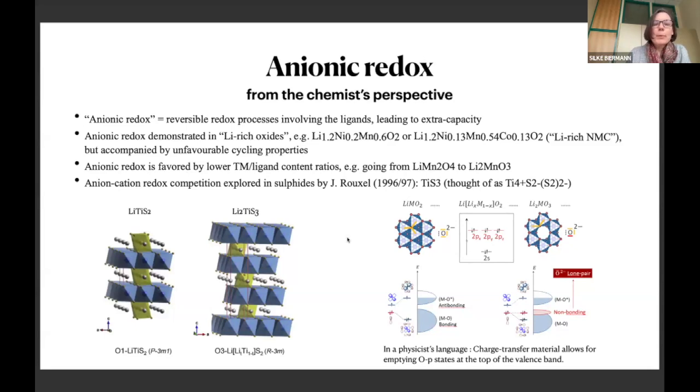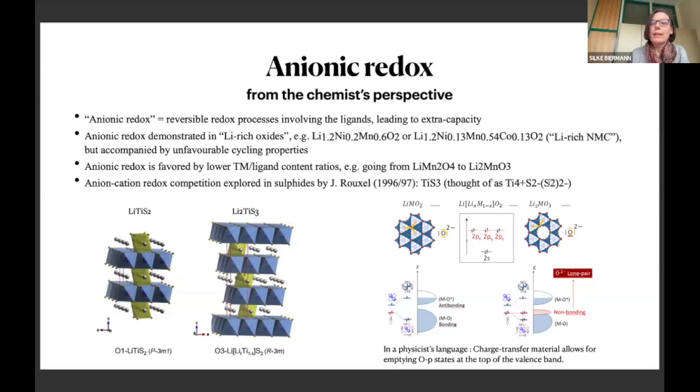It was explored by Jean Roussel in France in the late 90s in sulfides, and in particular in these titanium sulfides here, where the titanium S3, the titanium persulfide, was thought of as a titanium 4+ ion, a sulfur 2- ion, and a peroxy-like disulfur, which wouldn't have 2- for each of the two sulfurs.